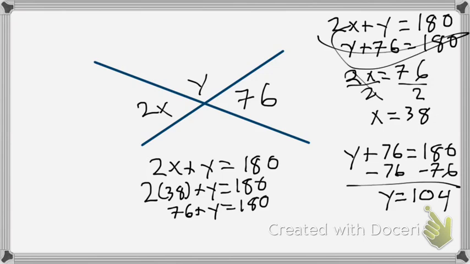Notice that now we have 76 plus y equals 180, which is the same equation as that. And so once we get to 76 plus y equals 180 and y plus 76 equals 180, that's the same thing. So we know that we're going to get the same y.